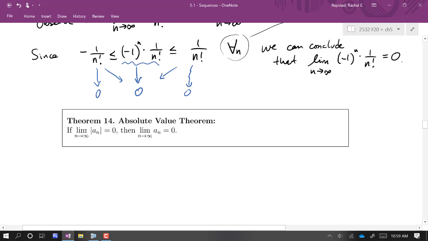So if we say that the absolute values approach 1, that does not mean that the limit of the terms themselves approaches anything. That could oscillate between negative 1 and 1, right? You could have a variety of different behaviors. So this is only true if the absolute values approach 0.